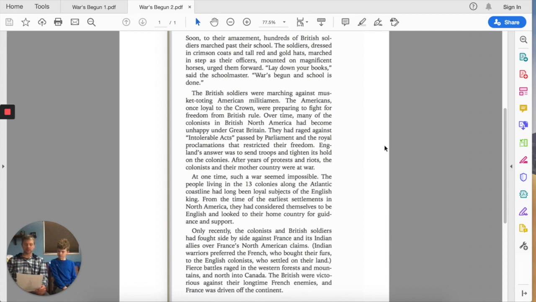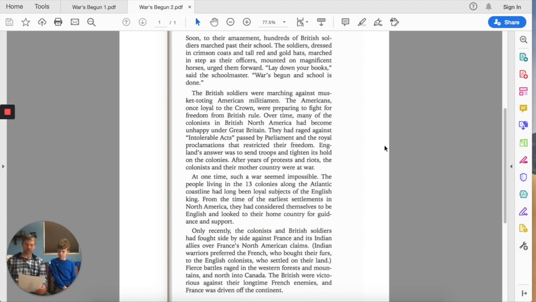Here we go. Paragraph 3. At one time, such a war seemed impossible. The people living in the 13 colonies alongside the Atlantic coastline had long been loyal subjects of the English king. From the time of the earliest settlements in North America, they had considered themselves to be English and looked to their home country for guidance and support.